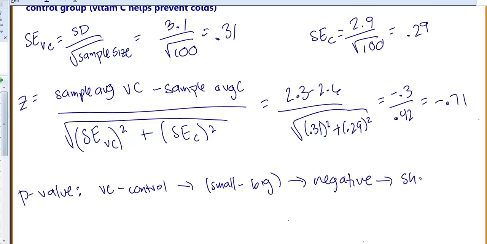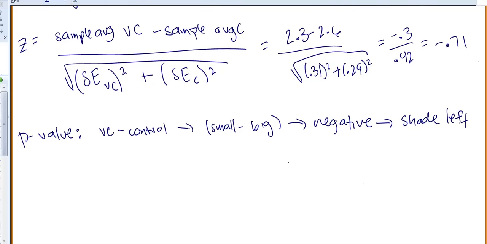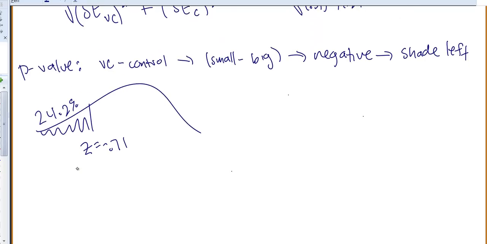So I should be shading left. So we're going to shade to the left. Z equals negative 0.71. And that area to the left is 24.2%.